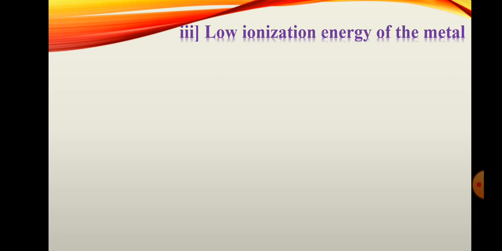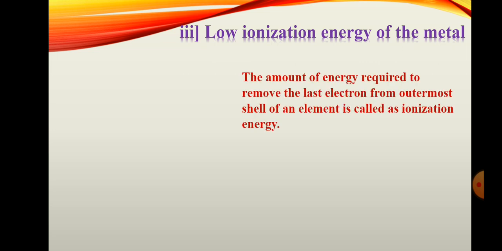Number 3, low ionization energy of the metal. Now first see the definition. The amount of energy required to remove the last electron from the outermost shell of an element is called ionization energy.